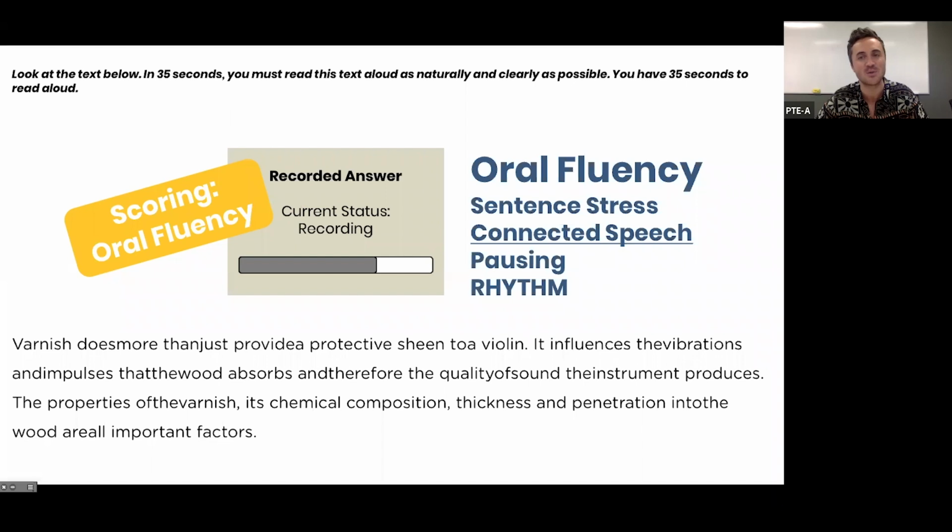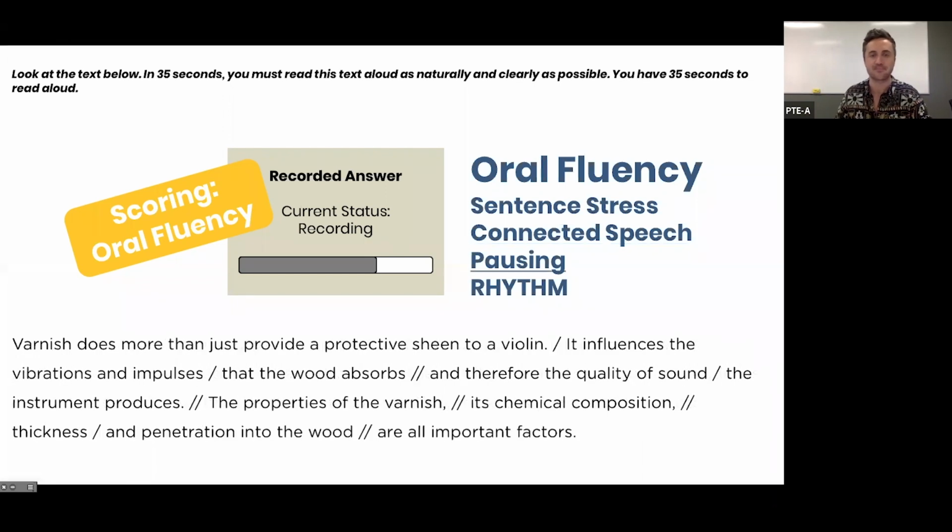We'd never say "to a violin", "to a violin". It influences the vibrations and impulses, and even here, "and impulses" is not correct. That d sound actually disappears. We say "an impulses". So what's happening is we're gluing words together and some parts of the words disappear altogether. Cool. So that's connected speech.